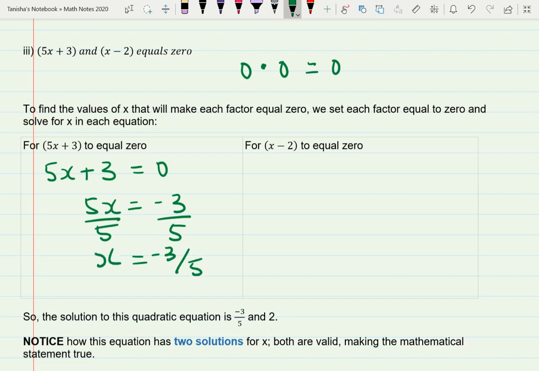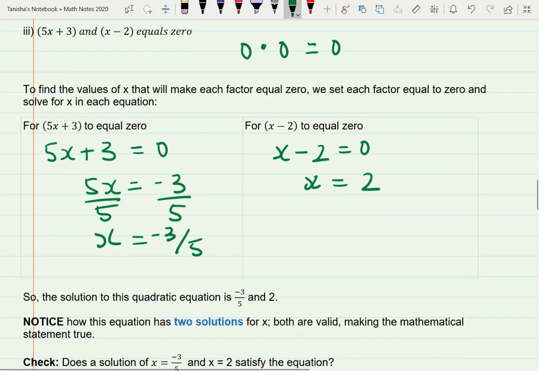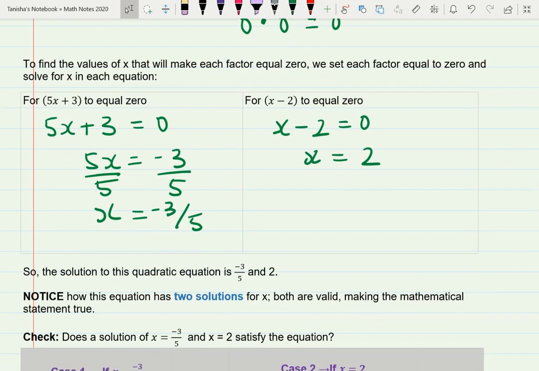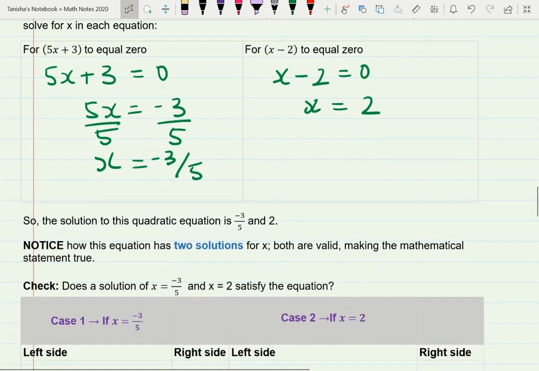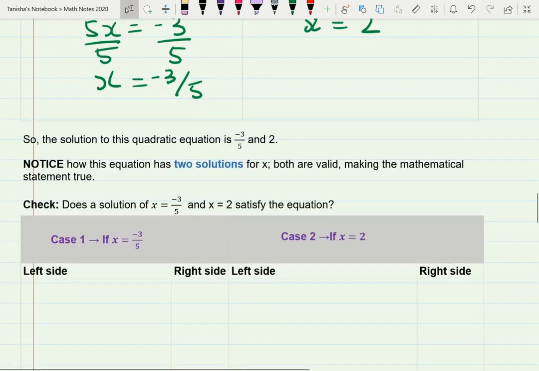For x - 2, we set that also equal to 0 and figure out what value of x will make this factor equal 0. So x equals 2. So the two solutions to this equation are -3/5 and 2. Because -3/5 is going to make the 5x + 3 factor 0, and the value 2 for x is going to make the x - 2 factor equal 0.